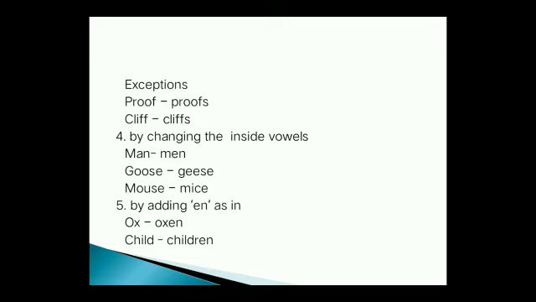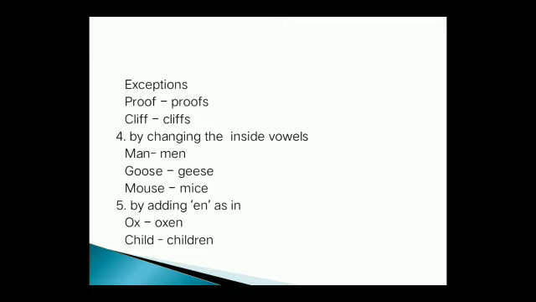M and N are intact in their places, but we are just changing A into E. In the same way, goose becomes geese. Double O is removed and then double E is put there. Then mouse, M-O-U-S-E, we are changing it into mice. Mouse, mice.